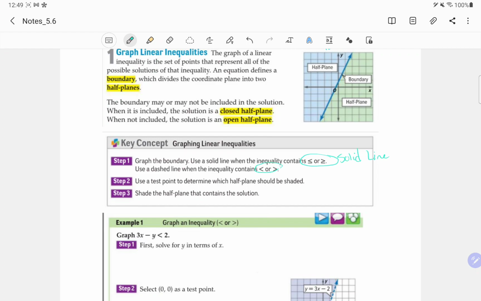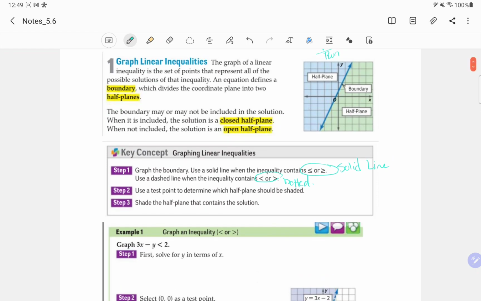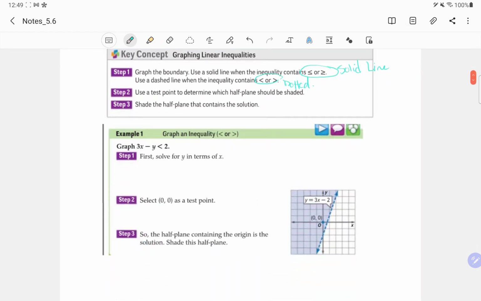If you're graphing just a less than or just a greater than sign, we use a dotted line. And that's pretty much the main difference. And we're going to have to shade on one half or the other for the graph, but I'll show you how we figure out which half to shade on, and it's not hard.